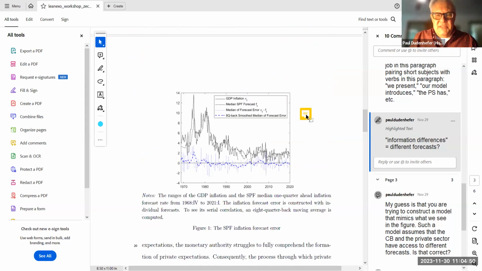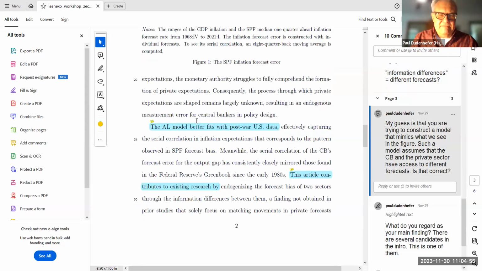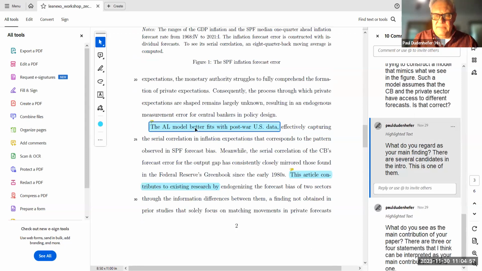Let me see. This is the figure. Okay. What do I have here? Okay. So the reason I asked you what your main takeaway was is that I had a hard time figuring out what your main finding was. So for example, my first thought was, oh, this is the main finding: the AL model better fits post-war US data.